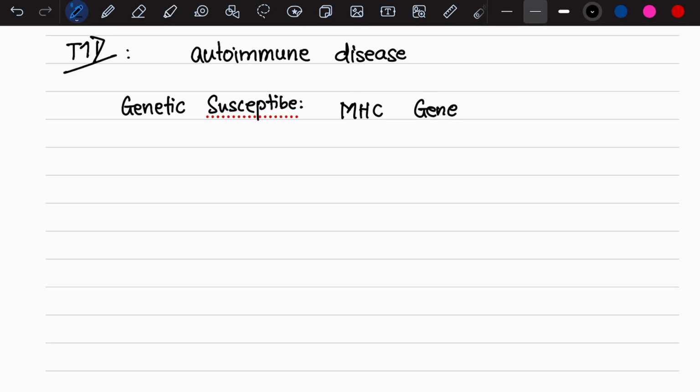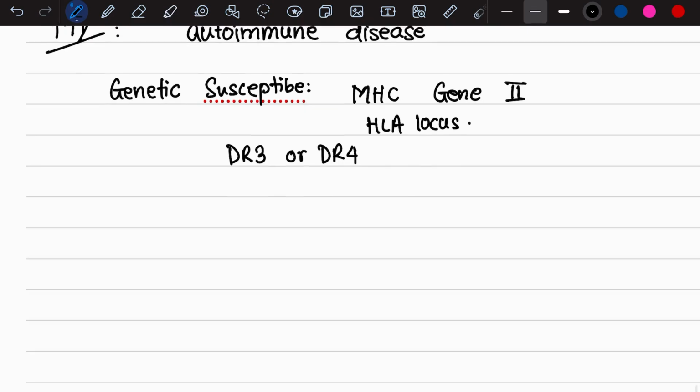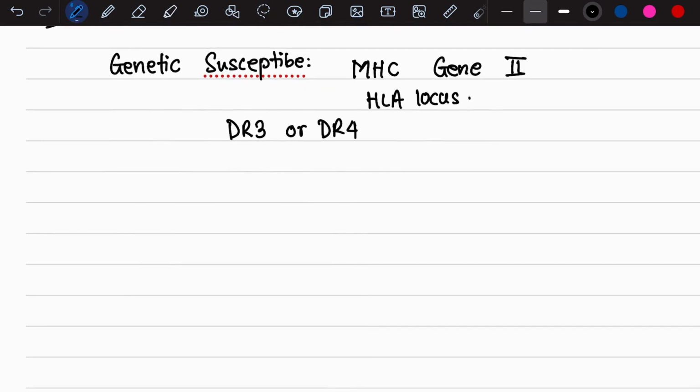So genetic susceptibility increases with MHC gene, class 2 HLA locus. So those who have DR3 or DR4 present in the HLA locus have a high risk of having diabetes mellitus type 1.